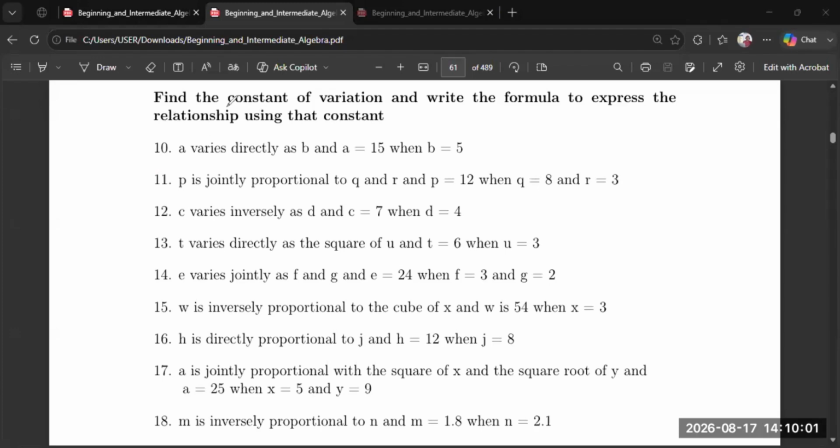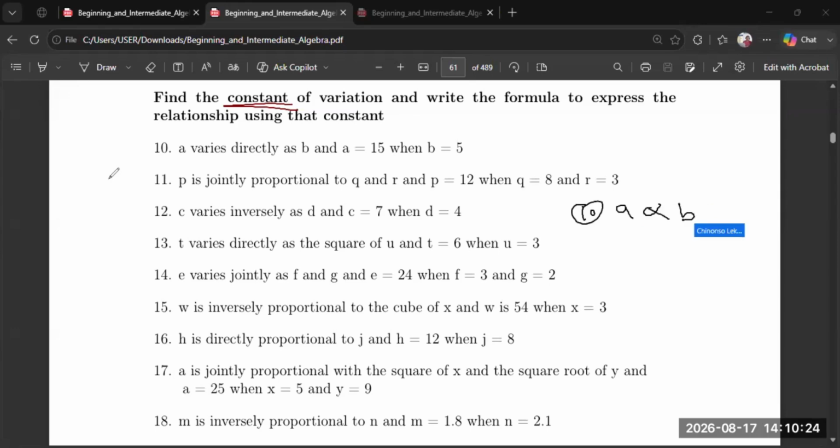We'll take the questions in turns again, Mr. Michael and I. And of course, we trust that you should be able to understand. So I'll go first this time again. We have question 10. Question 10, A varies directly as B.